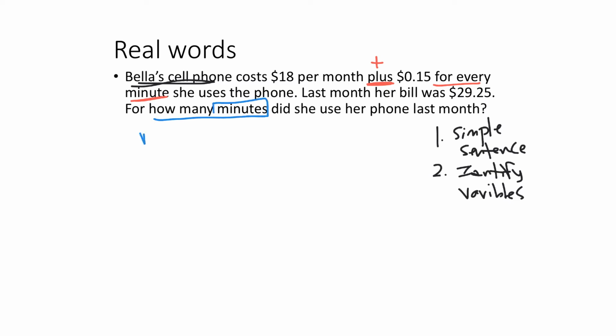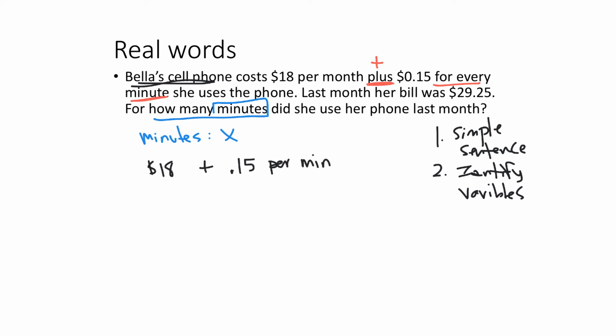So the minutes that we're using the phone is going to be our variable, which we're just going to call x for ease of use. When we put these things together, we can put a simple sentence to this: it's $18 plus 15 cents, so I'll put 0.15 for every minute, so I'll say per minute.